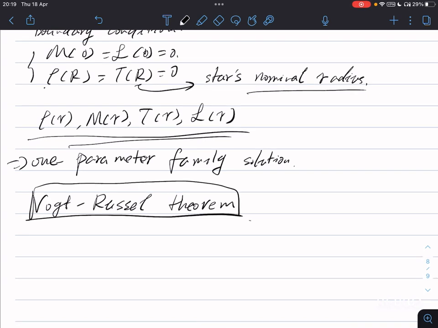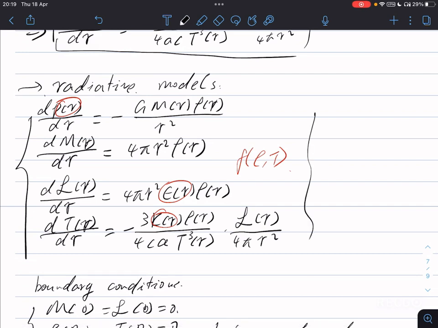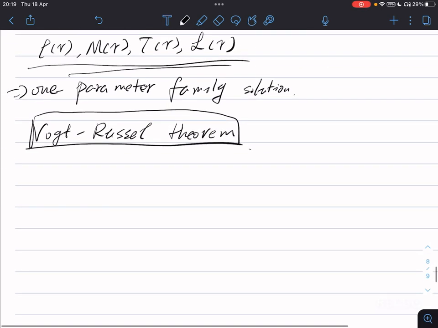This theorem says that if the chemical composition of a star is fixed, then there exists a unique solution to the equations of stellar structure depending on a single stellar parameter. This parameter can be the radius R or the total mass M₀.